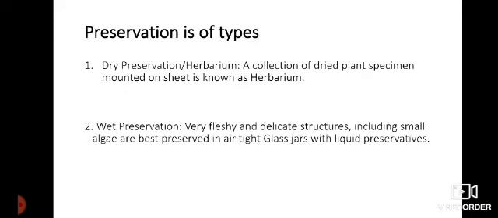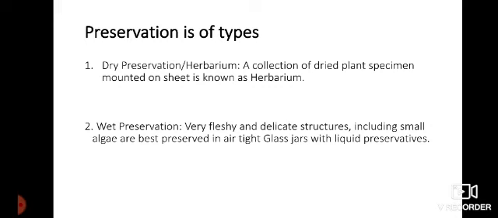Herbarium preservation. Herbarium preservation is mainly of two types, that is, dry preservation and wet preservation of herbarium. In dry preservation, the collection of dried plant specimens mounted on a sheet is known as the herbarium sheet.